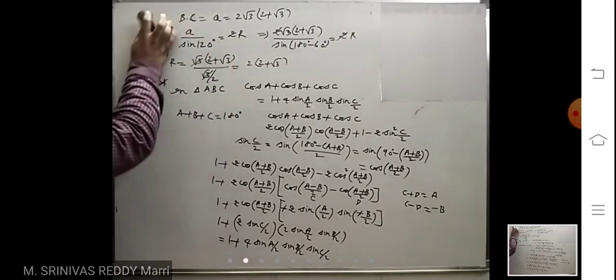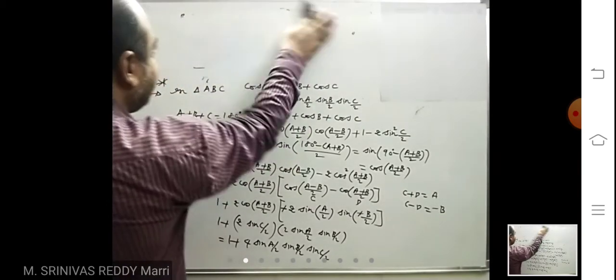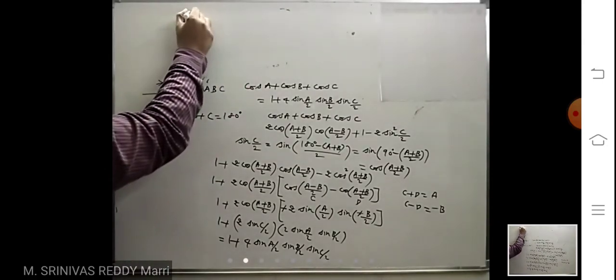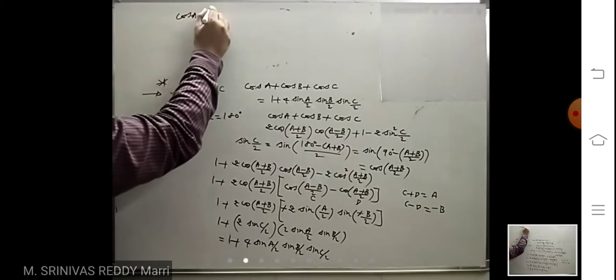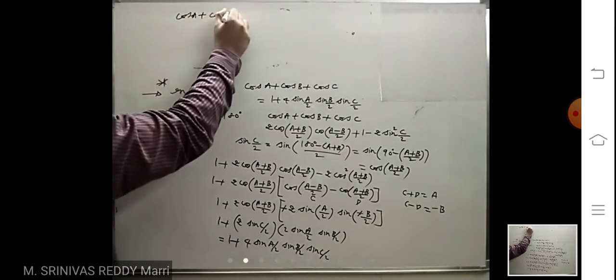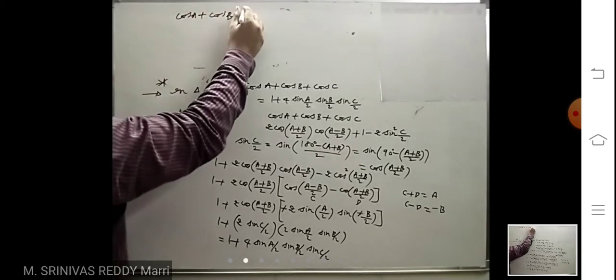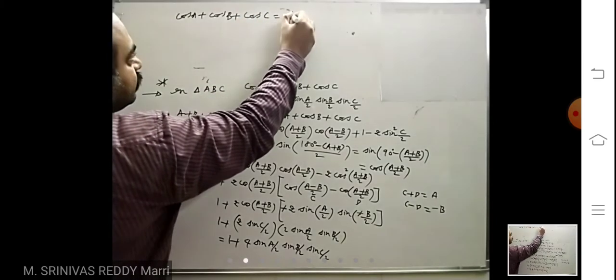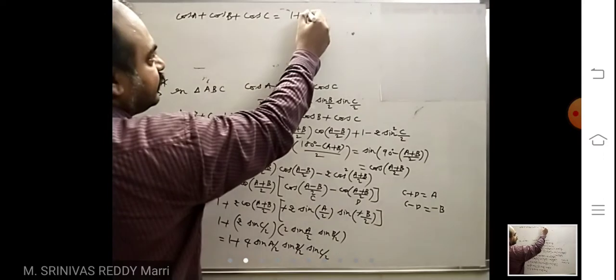Now in terms of inradius, if you want to write, look here. Cos A plus cos B plus cos C equals 1 plus, you got this one.